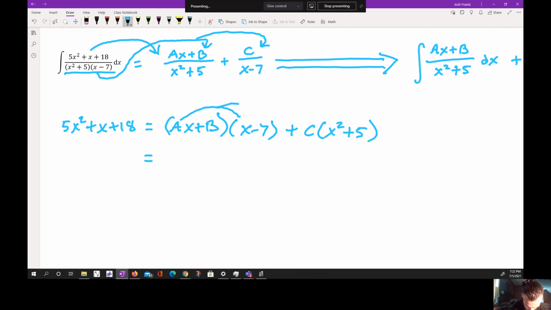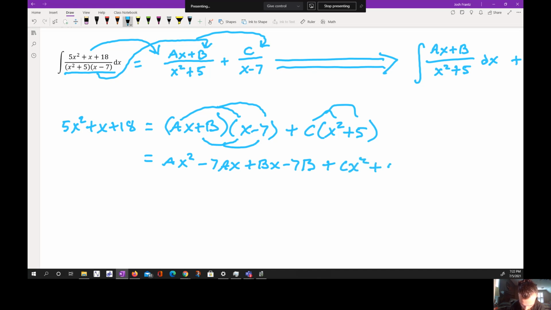Now we'll just do our simplifications. We'll FOIL. We'll have ax squared minus 7ax plus bx minus 7b. And we'll just distribute that cx squared plus 5c. Perfect. And now we want to combine our like terms. So x squared goes with that guy.